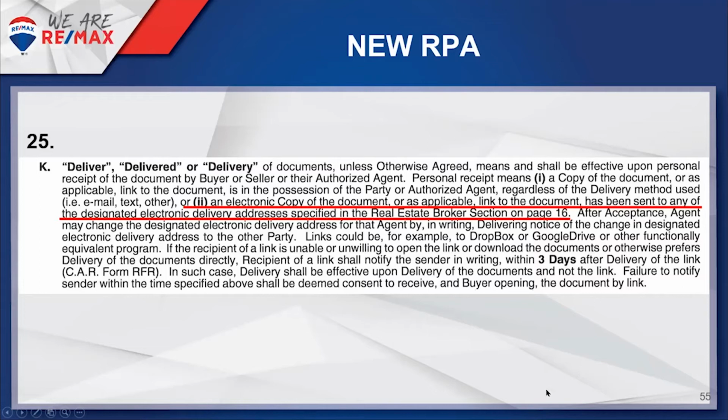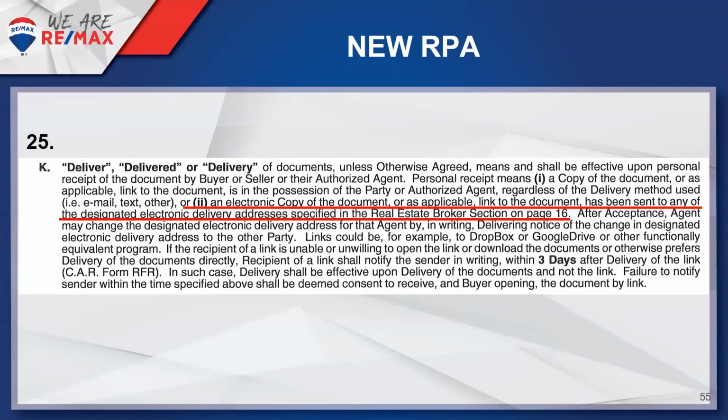So as listing agents or buyer's agents, I would argue both sides, you're going to want to pay attention to your email when you are in contract, because if anybody sends you a document and it goes to your spam folder, that is not a defense against delivery. Too bad. It was sent to a valid address. The fact that your program somehow thought that was a spam email is not going to protect you.